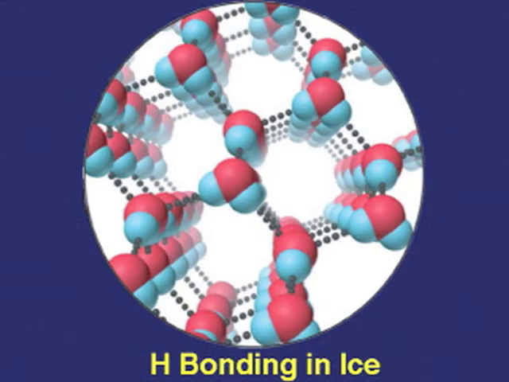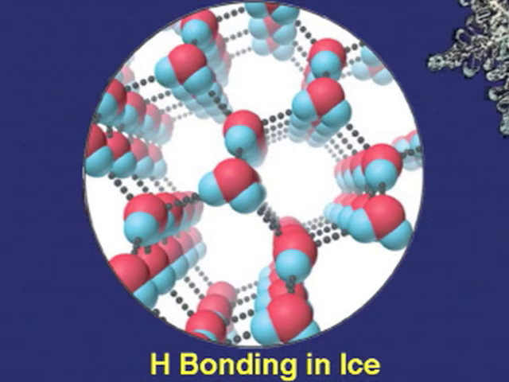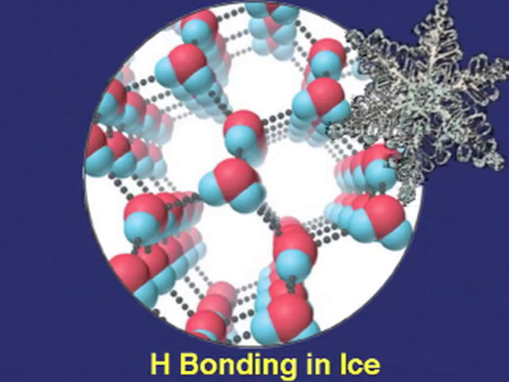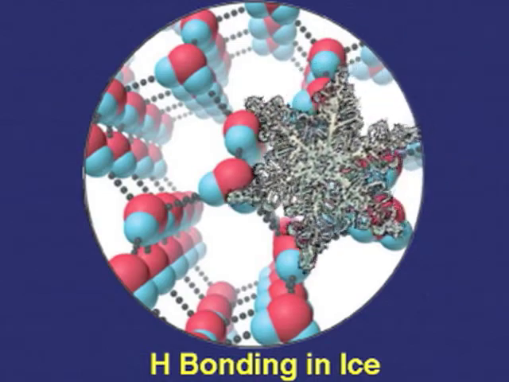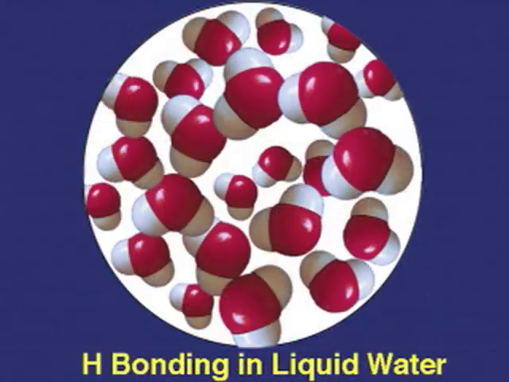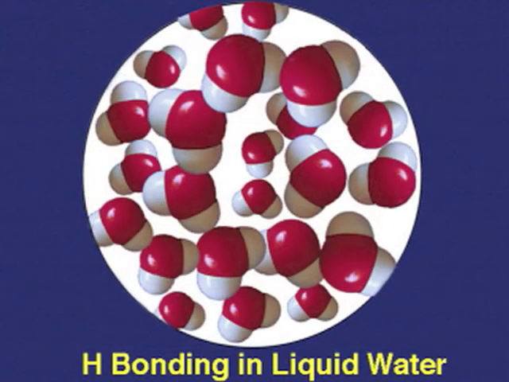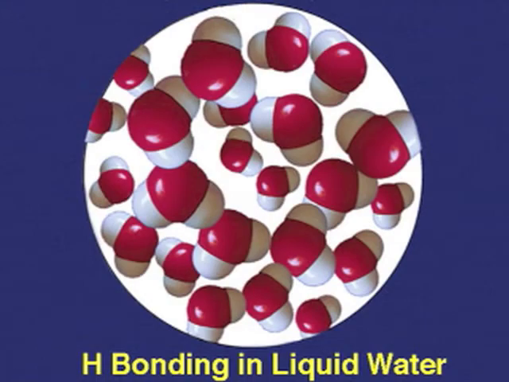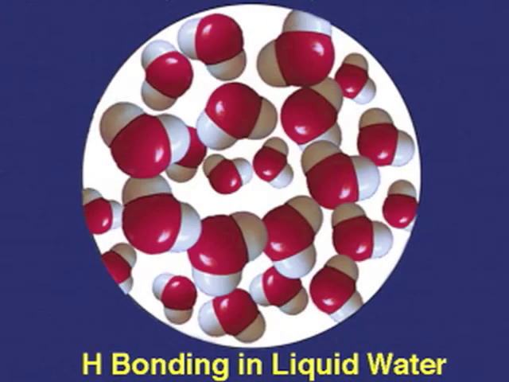Ice floats because the water molecules pack themselves in an open hexagonal crystal structure held together by hydrogen bonding. As ice melts, the amount of more tightly packed non-hydrogen bonded liquid water increases. The liquid is therefore more dense than the solid.